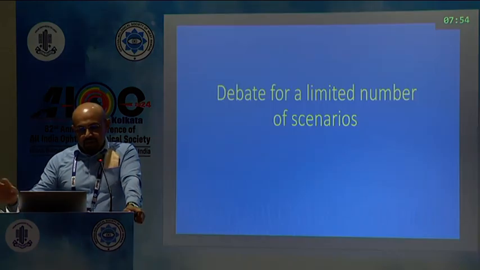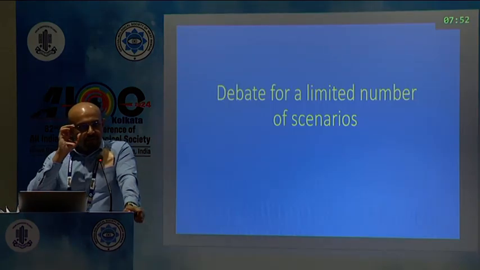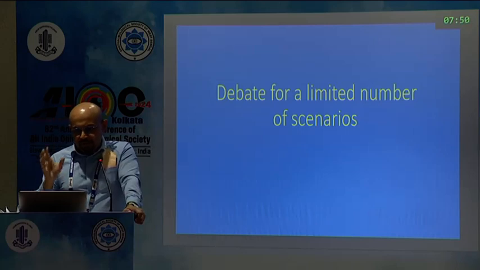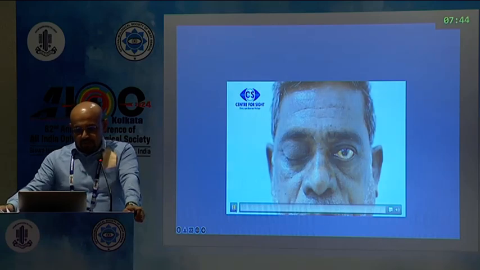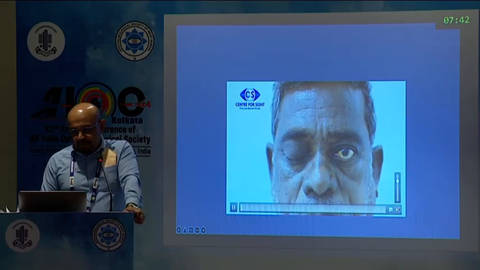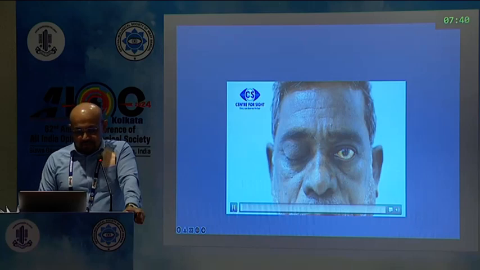So in other words, the debate whether MRI is required for cranial nerve palsy is limited to a very small number of scenarios like this. You say that, okay, a 70-year-old male, known patient of hypertension, diabetes, and whatnot, presents to you like this.